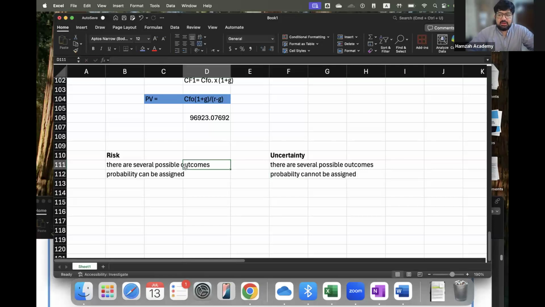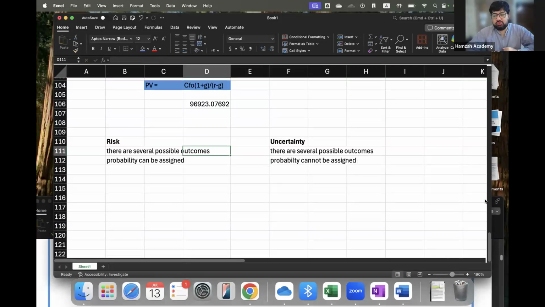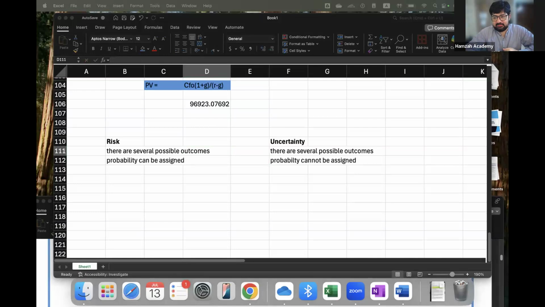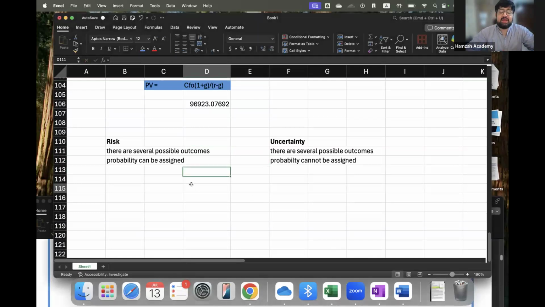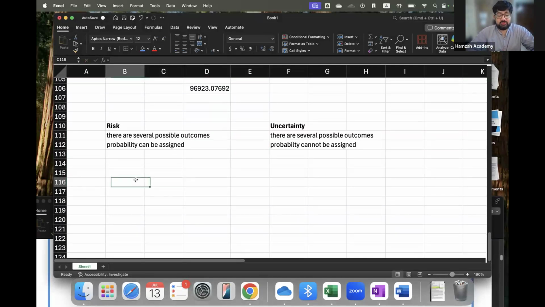So students, uncertainty: how to deal with uncertainty. Uncertainty can be dealt with, the first way being sensitivity analysis.